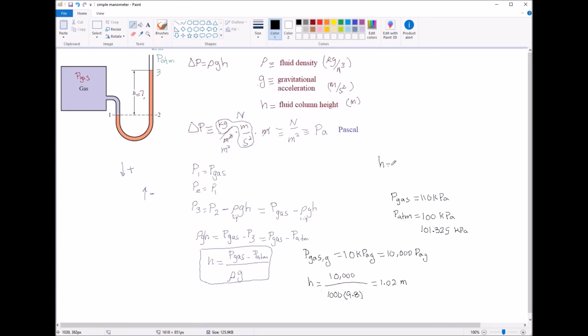So H in this case will be 110,000, remember, you have to convert to pascals, minus 100,000 divided by, nothing changes here, 1,000 times 9.8, and you get the same answer, 1.02 meters. So possibility 1 or possibility 2, depending on how the gas pressure is given.